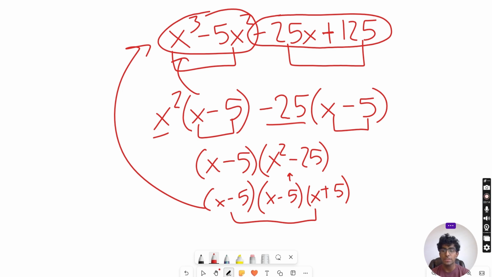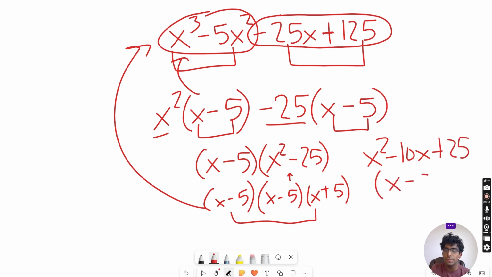That's very important. And then one more thing with perfect square trinomials. So x squared minus 10x plus 25, right? We can break this down into x minus 5 squared. If we have x squared plus 10x plus 25, we can have it as x plus 5 squared.